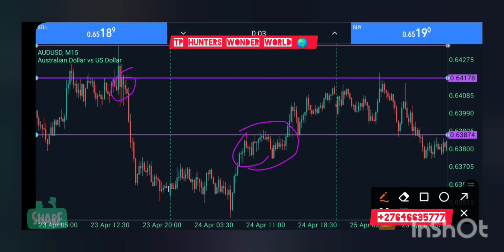Price will convince buyers using the recent highs. Price will reverse using rejections in bearish engulfing. Price will come back, break the support, then consolidate.